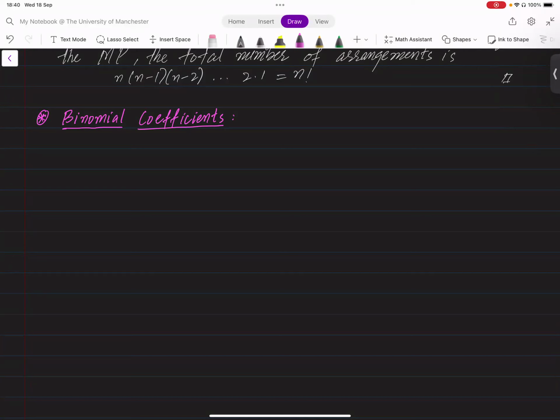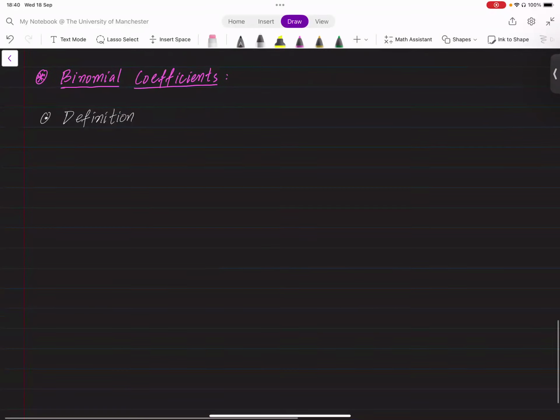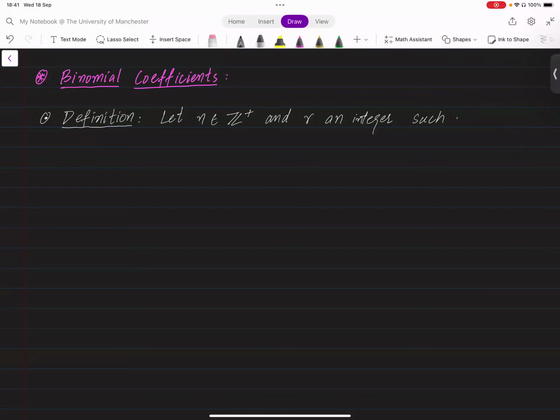So let's define them. Definition. Let n be a positive integer and r an integer such that 0 is less than or equal to r, and r is less than or equal to n.